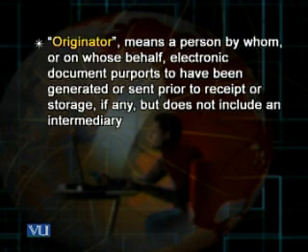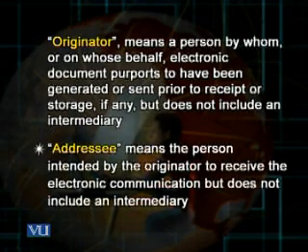So any service provider who sends, receives, or processes the electronic communication, who helps in these activities, can be called an intermediary. And by the definition of the term originator, an intermediary would be excluded. An intermediary cannot be called an originator. Then there is the term addressee, which means the person intended by the originator to receive the electronic communication, but does not include an intermediary.